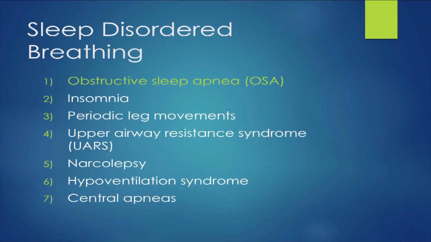Some of these include insomnia, periodic limb movements of sleep, upper airway resistance syndrome, narcolepsy, hypoventilation syndrome, and central apneas. But for the purpose of this presentation, we will limit our discussions to obstructive sleep apnea.